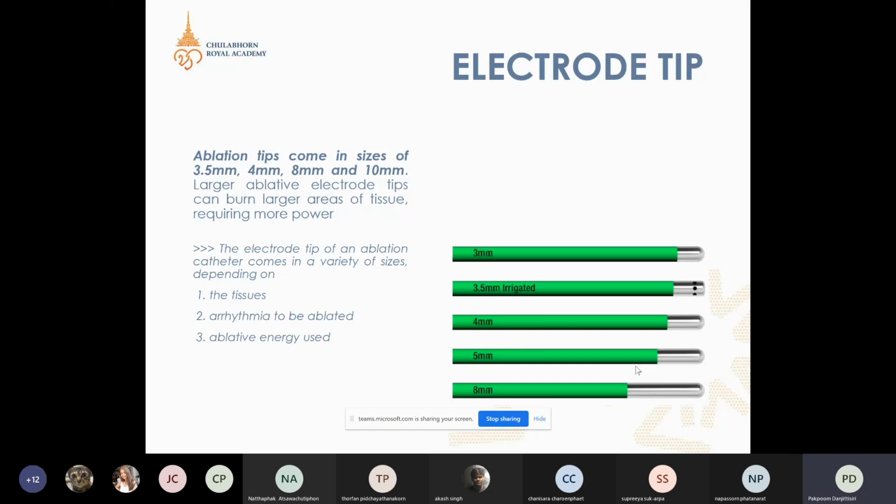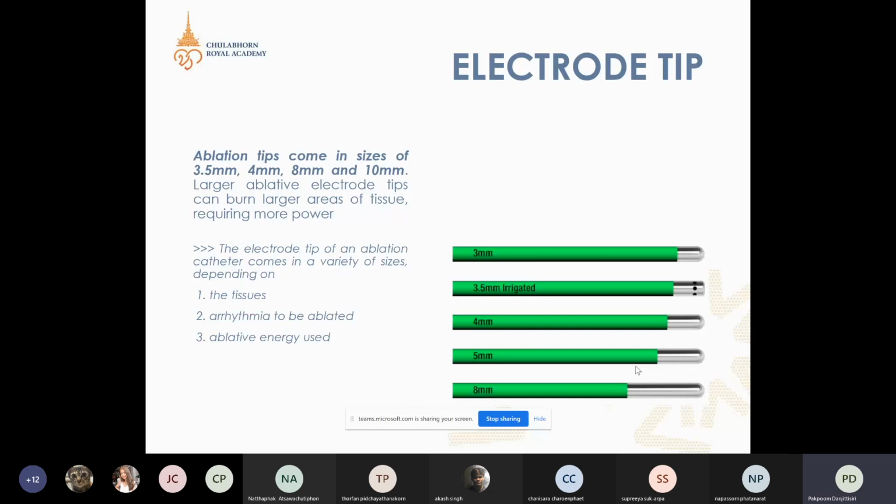Okay, for example, if the doctor needs to choose an ablation tip catheter between 4 millimeter and 8 millimeter to ablate the cavotricuspid isthmus, which is a typical atrial ablation, right?